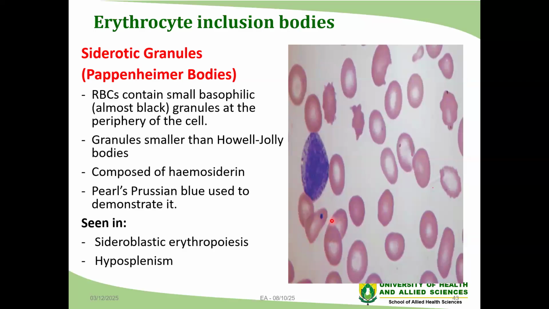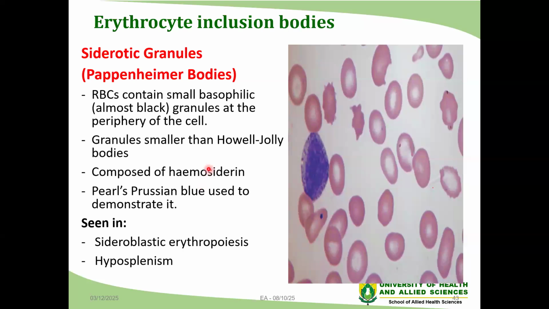But these are quite different in their appearance compared to Howell-Jolly bodies. And like I said, they are even smaller in size. But interestingly, unlike Howell-Jolly bodies, which are made up of DNA or part of the nucleus, these siderotic granules or Pappenheimer bodies are made up of iron.